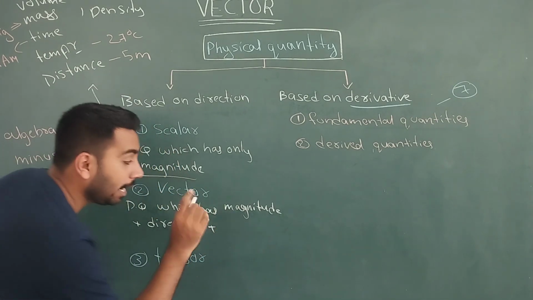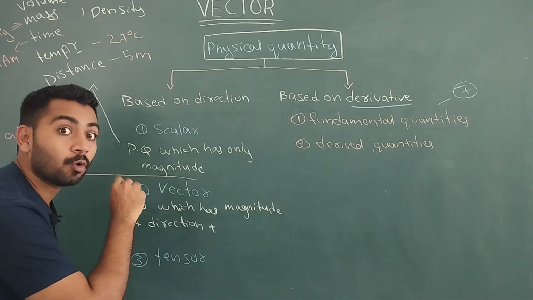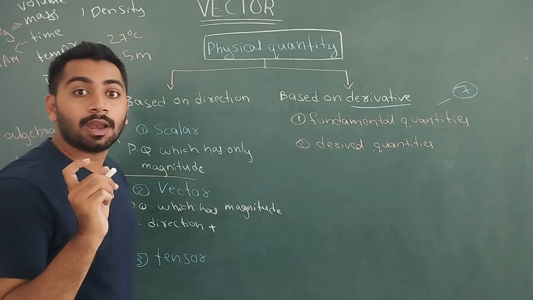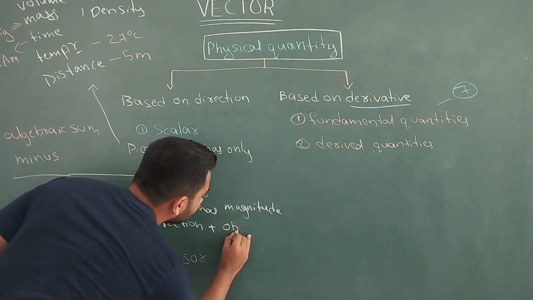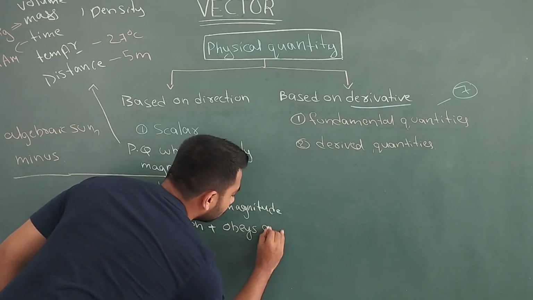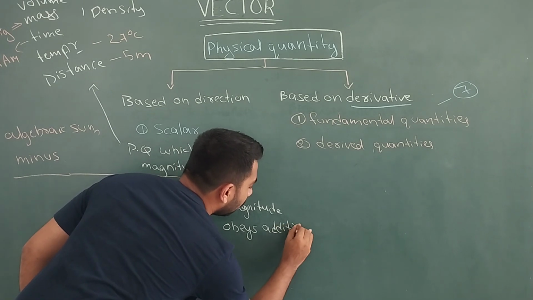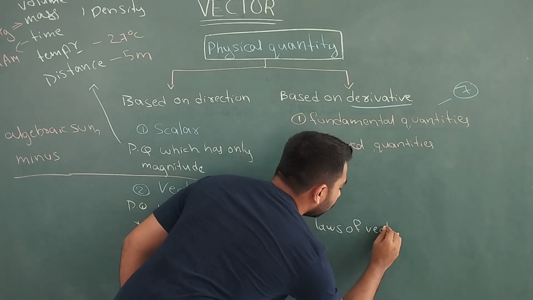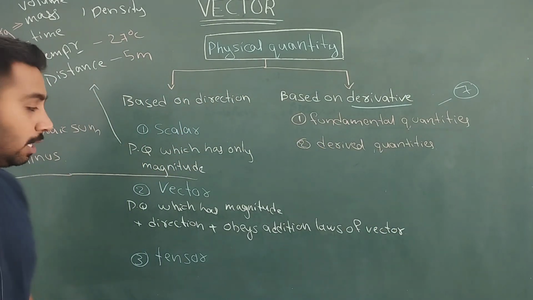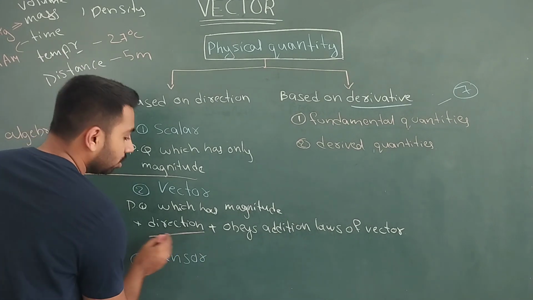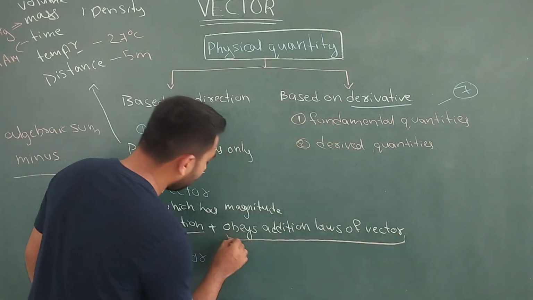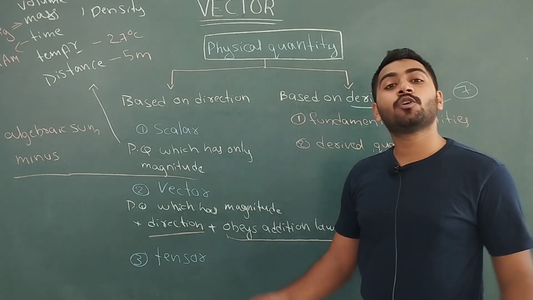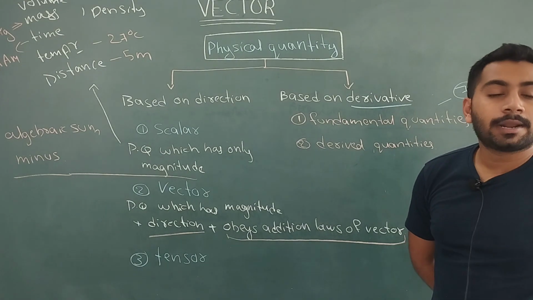It also obeys the addition laws of vectors. This is very important. A vector is a quantity which has direction, has magnitude, and obeys the triangle law of addition.